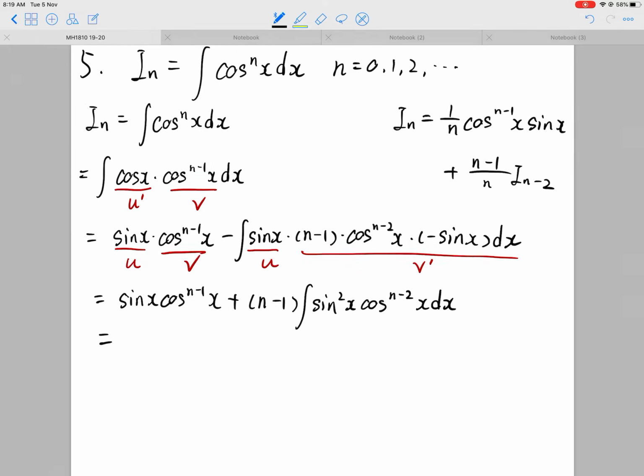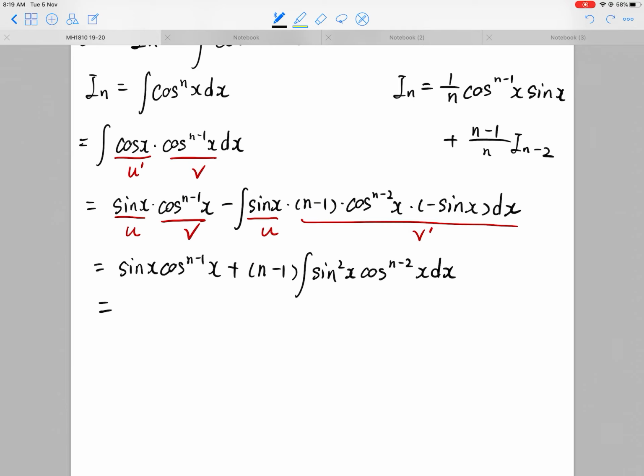Now sine x squared is 1 minus cosine x squared, so it's 1 minus cosine x squared times cosine x to the power of n minus 2.